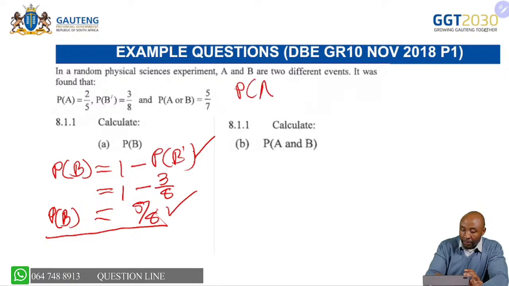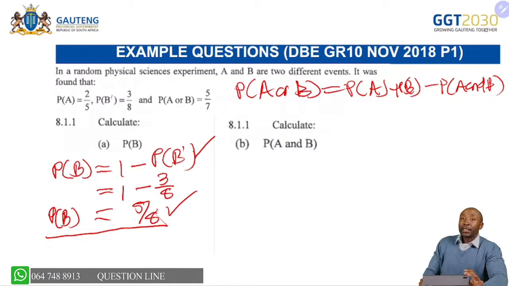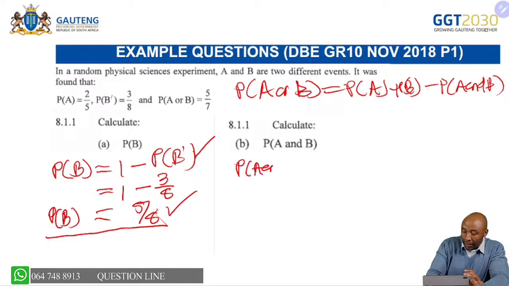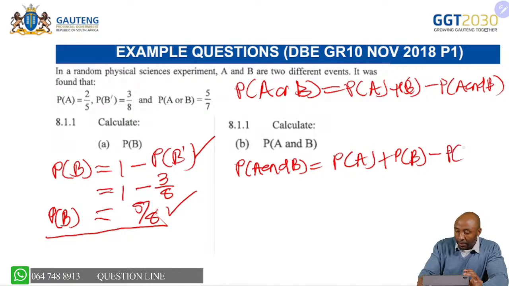It's given by the probability of A or B is equal to the probability of A plus the probability of B minus the probability of A and B. We can change the subject of the formula, and this will give us the probability of A and B will be given by the probability of A plus the probability of B minus the probability of A or B.